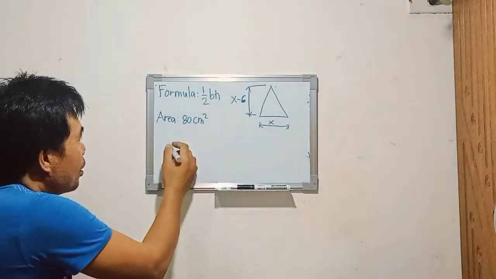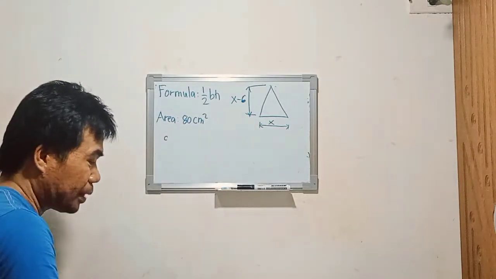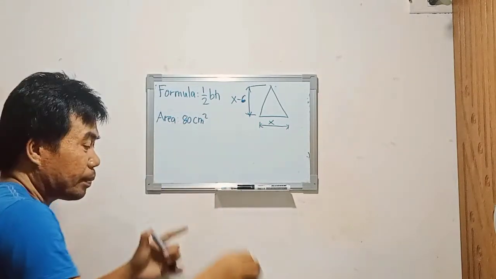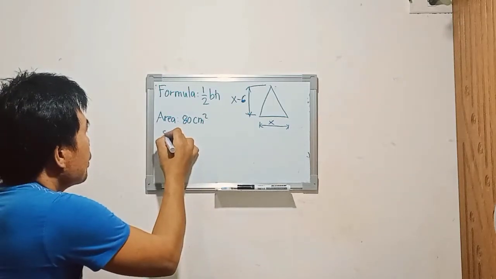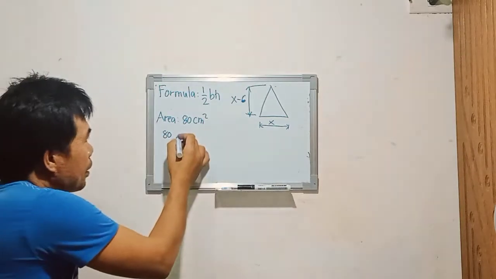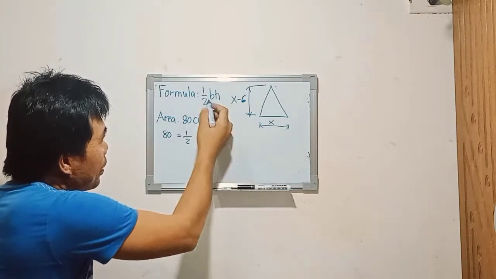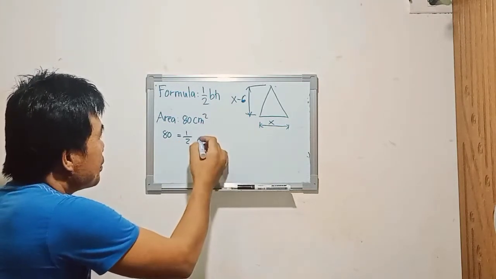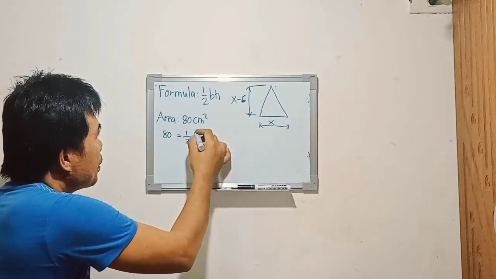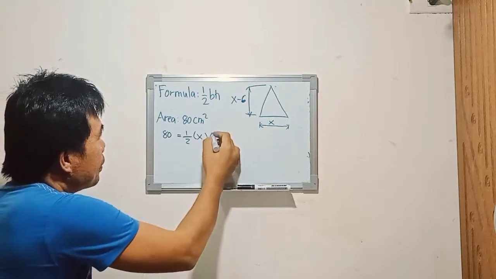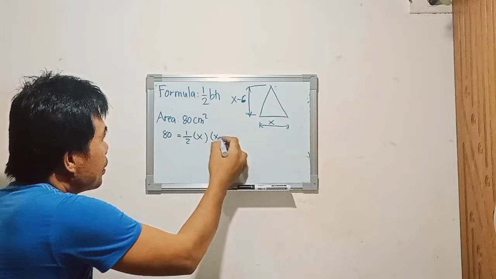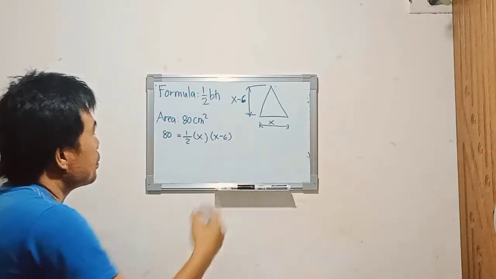Okay, we have an area of 80 square centimeters. 80 equals 1/2 times base. So let's substitute base as x, times height. Height is x minus 6.